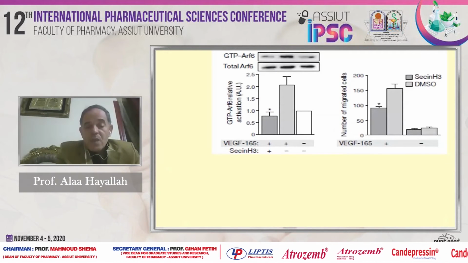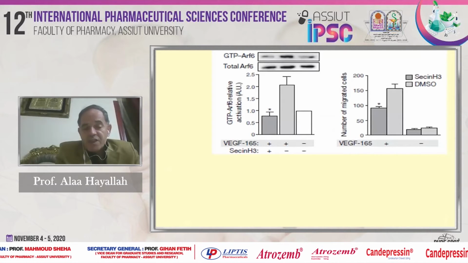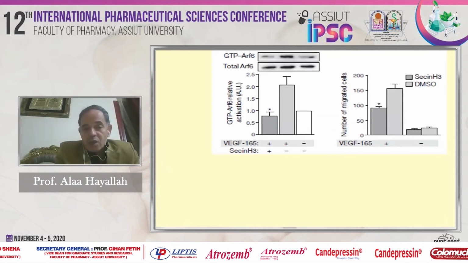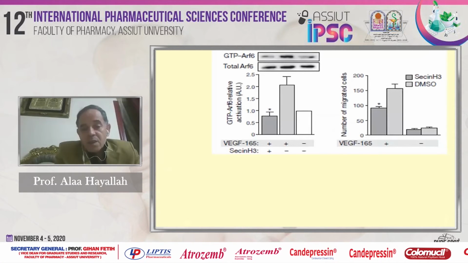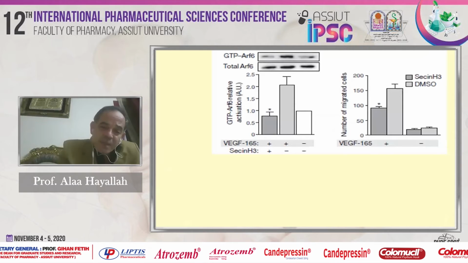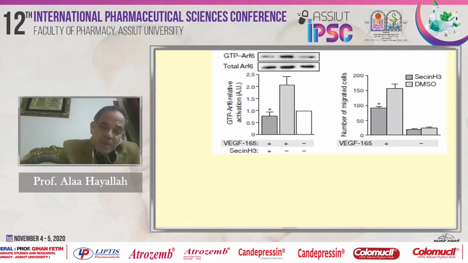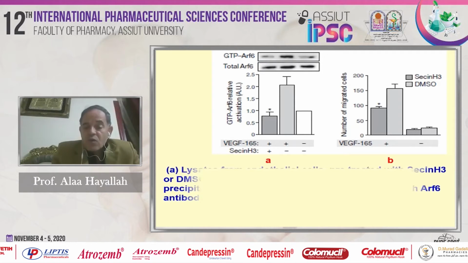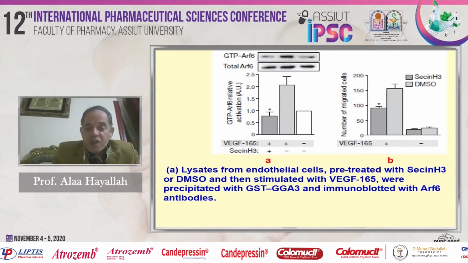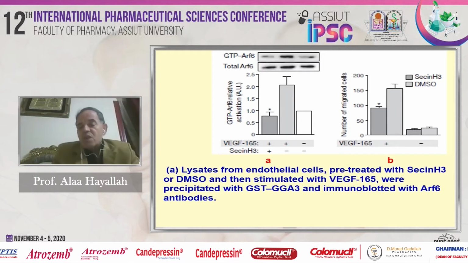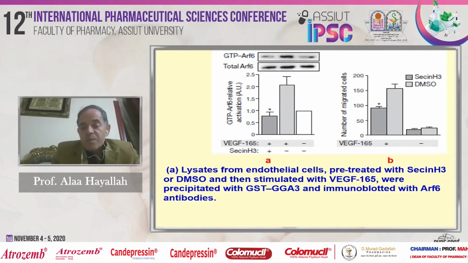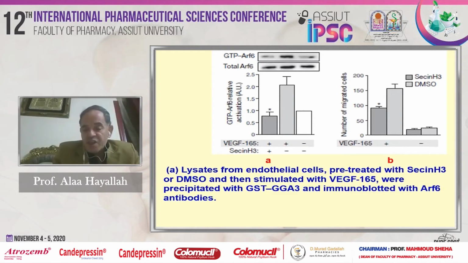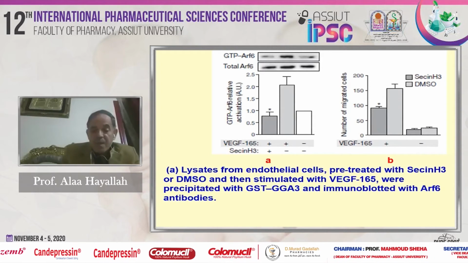VEGF165 and SecinH3 act together in a common manner, and here the GTP-ARF6 in slides A and B: lysate from endothelial cells pre-treated with SecinH3 or DMSO, then stimulated with VEGF165, were precipitated with GST-GGA3 and immunoblotted with ARF6 antibodies.